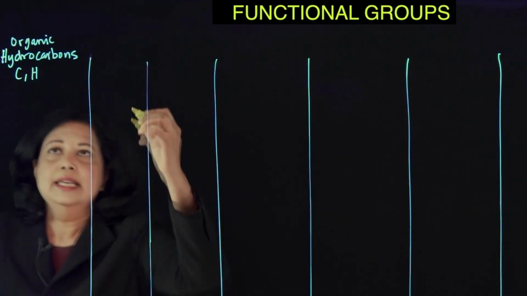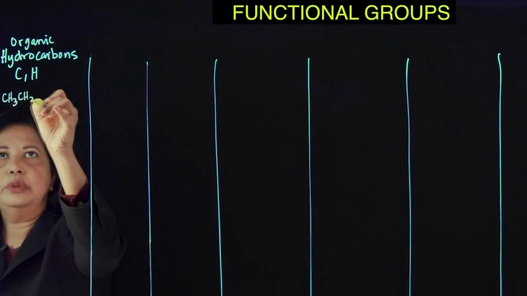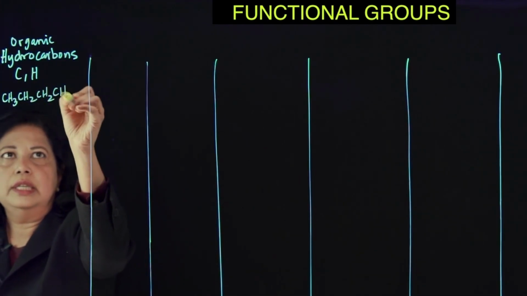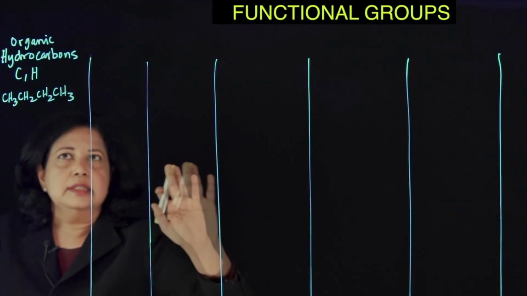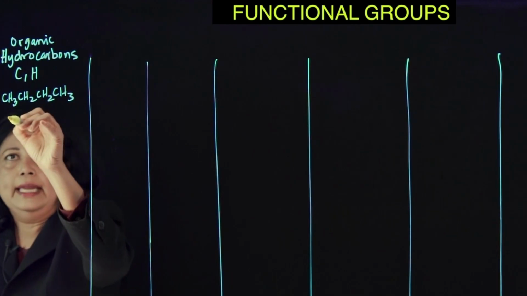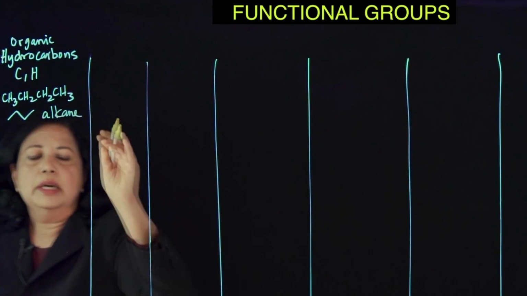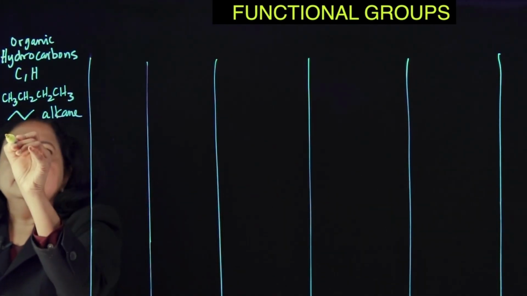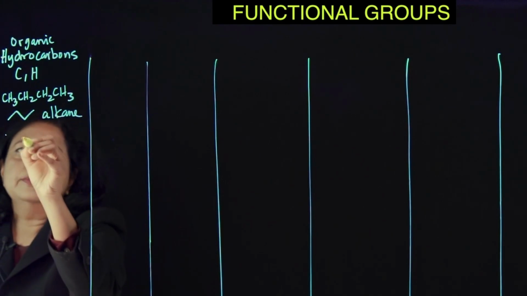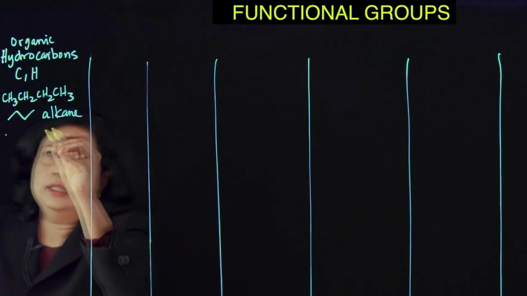Organic, all right? Just to start off, CH3, CH2, CH2, CH3, this is no functional group, no heteroatoms. This is a plain old alkane. And then we'll talk about naming later, butane and so on. And then you can also have this branched up, primary, secondary, tertiary.